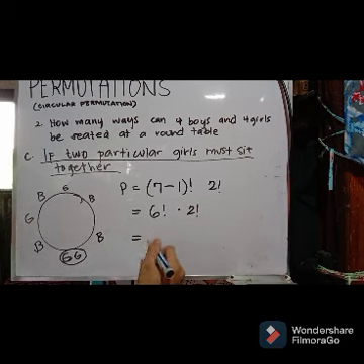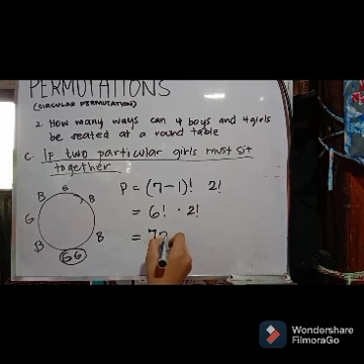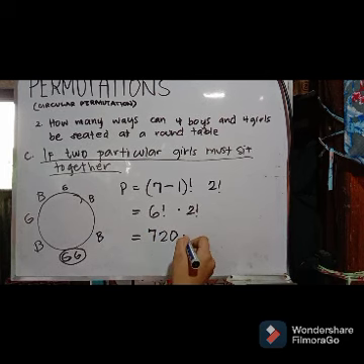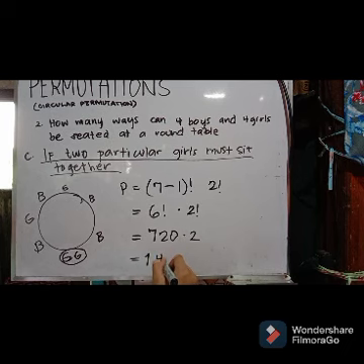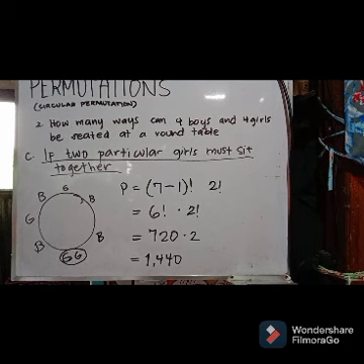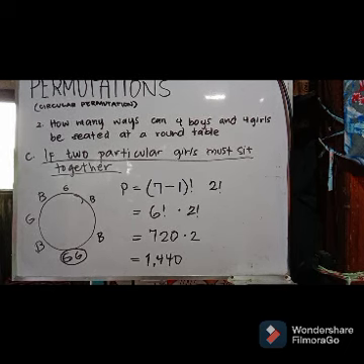Now 6 factorial is equal to 720 and 2 factorial is equal to 2. 720 times 2 is equal to 1,440. So 1,440 possible outcomes if two particular girls must sit together.